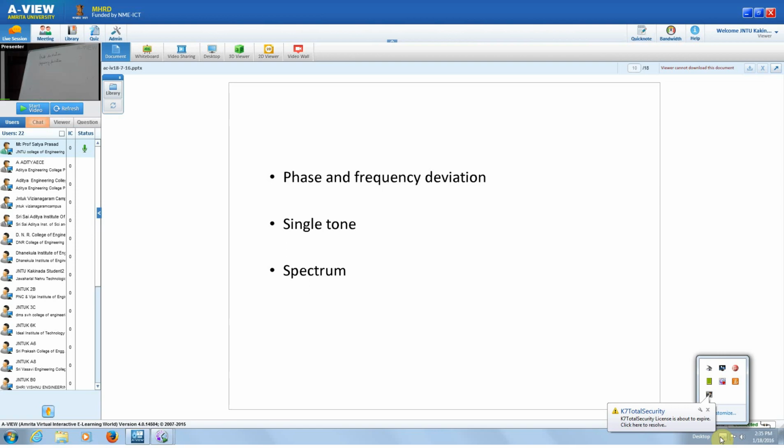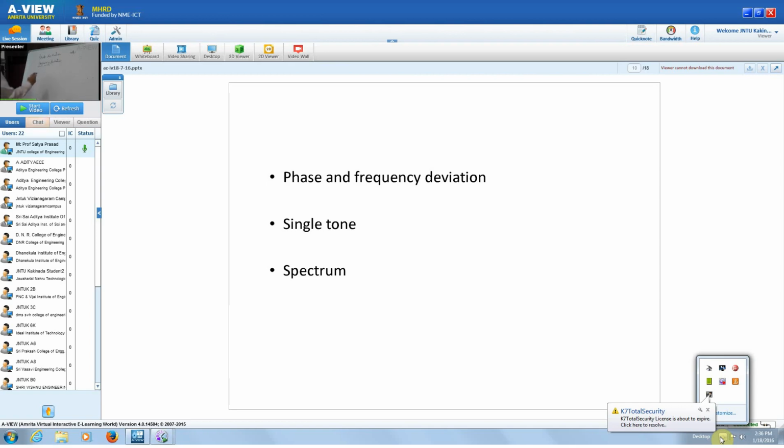What is the maximum phase variation that you can allow with the given m of t? That we call the phase deviation. And the maximum frequency variation that we are going to have in the case of carrier frequency, we call it the frequency deviation.